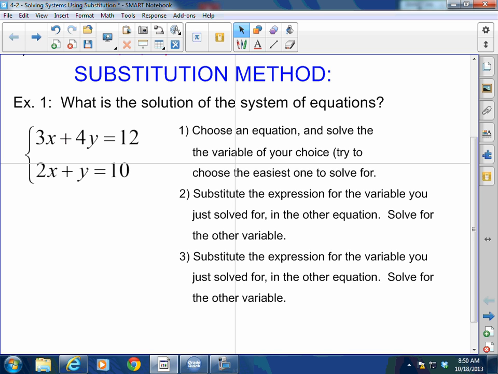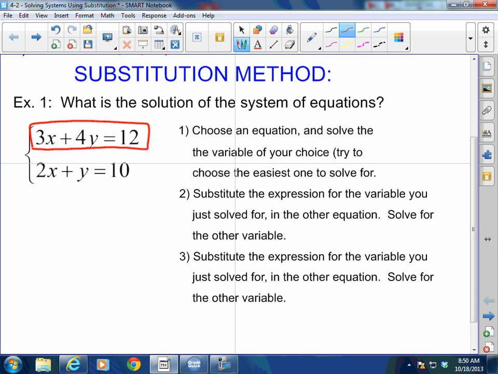What does that mean? I'm going to look at both of these equations, all right? In this first equation, yeah, it's easy to solve for x and easy to solve for y. However, when you look at this second equation, isn't it really easy to solve for y here? So me personally, I'm suggesting, look at the equations really quickly.